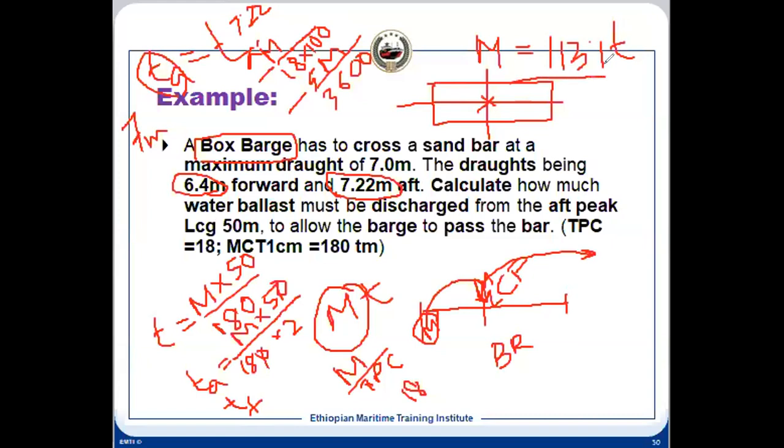This will be the total mass we have to remove from the aft peak tank. Is it clear up to this? Have you understood the problem and how to approach it? Anybody, any doubt?